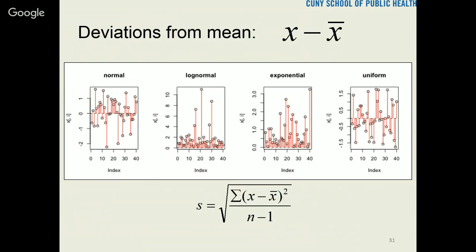Just to emphasize these deviations and the square deviations, I actually plotted some of them. From each of these 4 distributions, I calculated the mean from these samples here, and then calculated the differences between each data point and that sample mean, and put that in red.